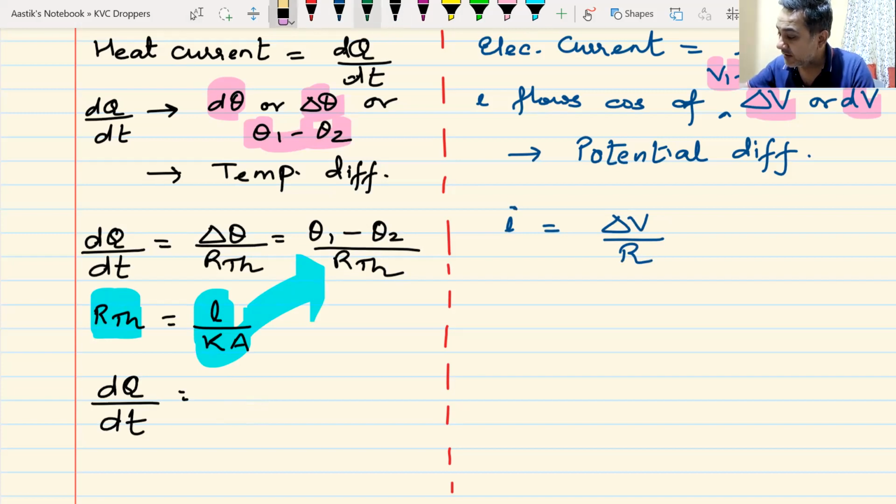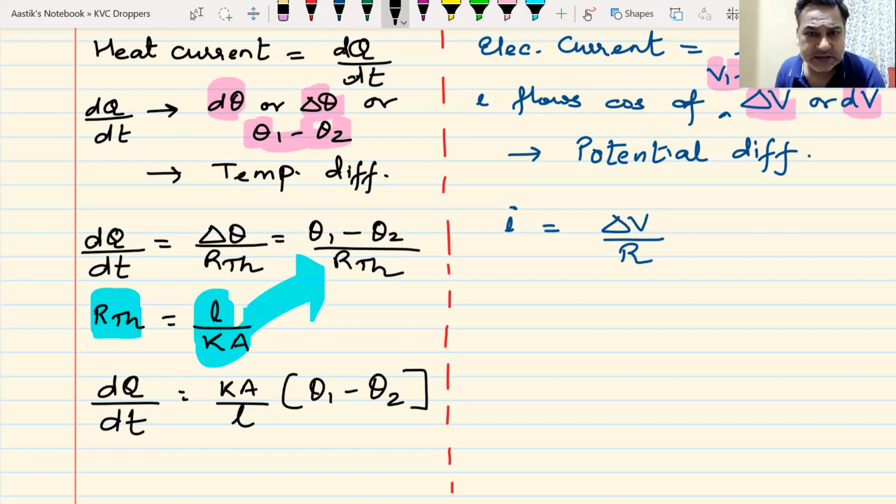Ka divided by L multiplied by theta 1 minus theta 2. Do we all understand how I have replaced R thermal by L by Ka? Do we understand this? I'll give you a minute to note this down.